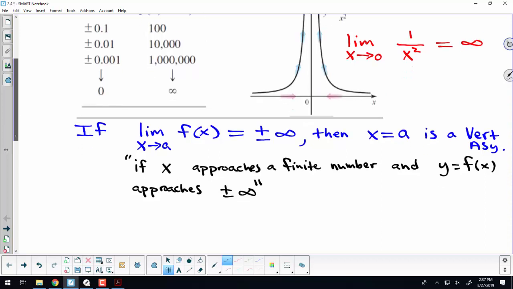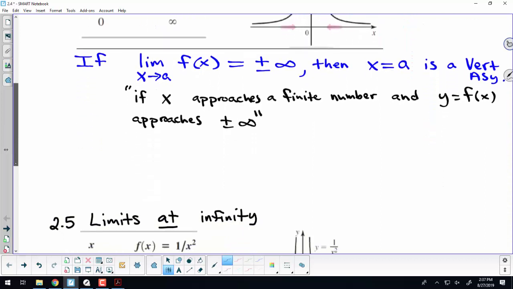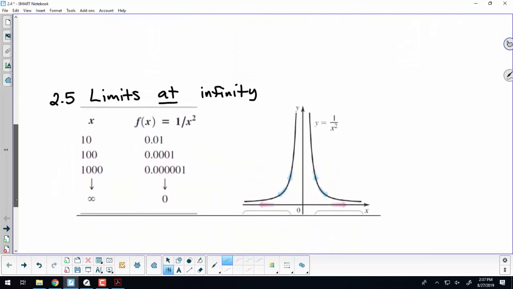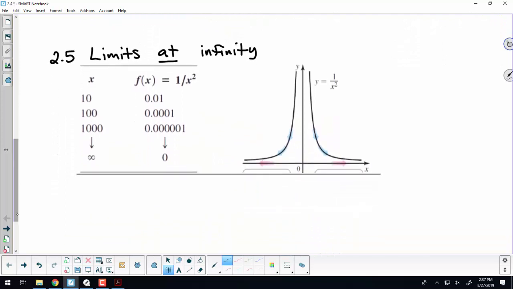Yeah, but you're thinking about various scenarios, which is really good. And so that's a limit at infinity. When x approaches infinity or negative infinity, what does y approach? So that's limits at infinity versus infinite limits.